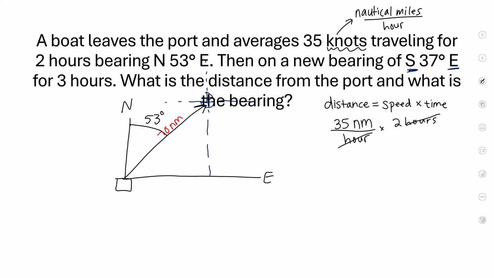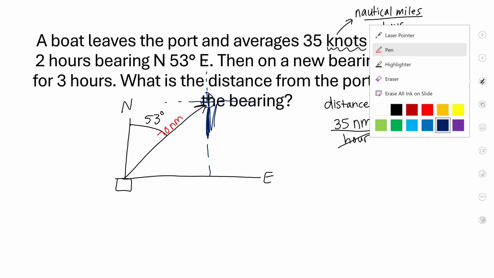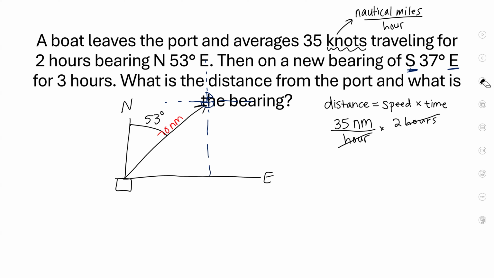So I'm going to start on the southern line and go 37 degrees to the east. So 37 degrees starting from the southern line because it says south. 37 degrees in the eastern direction would now be here. So this is the way that it's traveling. And this is 37 degrees right there.